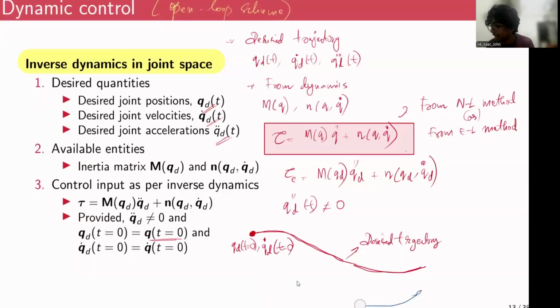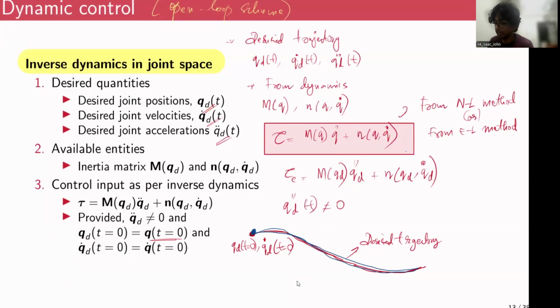To avoid that, you have to ensure that the start position of the robot coincides with the start position of the desired trajectory. You have to bring the actual start position to coincide with the start position of the initial trajectory. If that condition is maintained, your robot will track the desired trajectory if there are no disturbances.